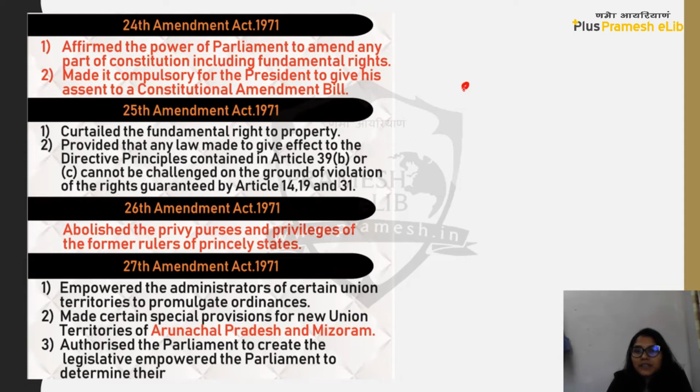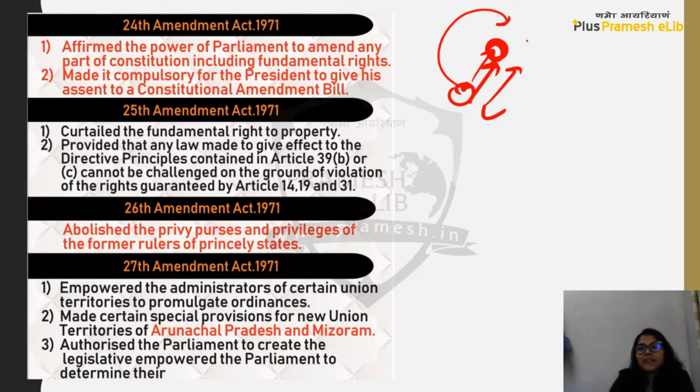There was a tussle between the court and the parliament. If parliament passes an act, the judiciary tries to make it void according to the constitution, and then parliament subsequently amends the constitution.